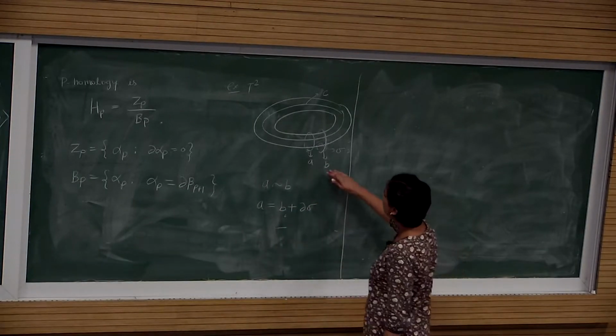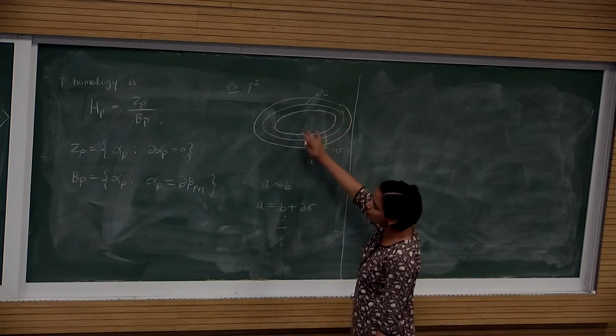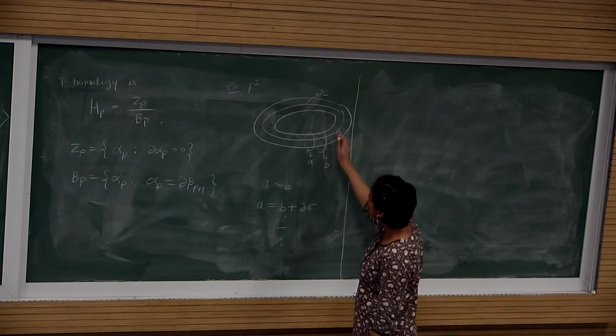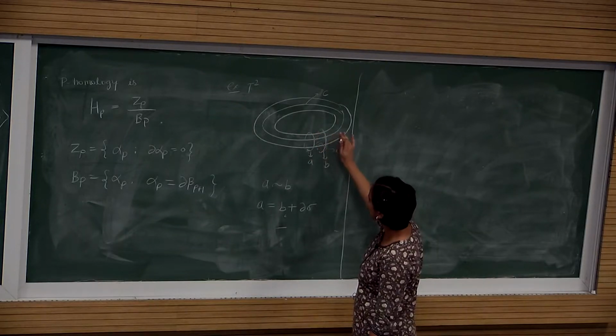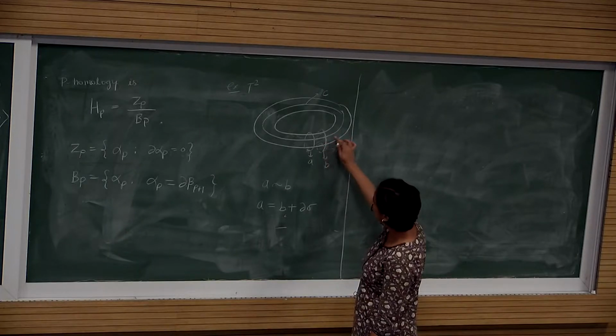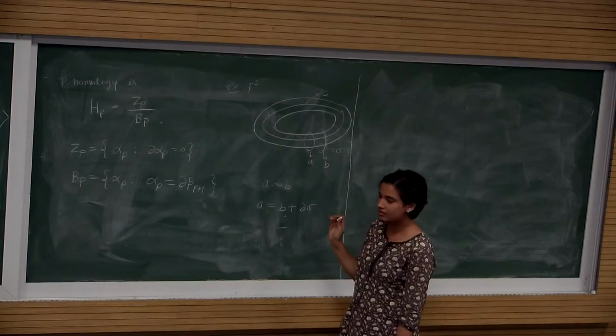But A and C, or B and C, are not in the same homology class, because you cannot have any two-dimensional submanifold here which can relate this cycle to the bigger cycle here. Okay, does that make sense?